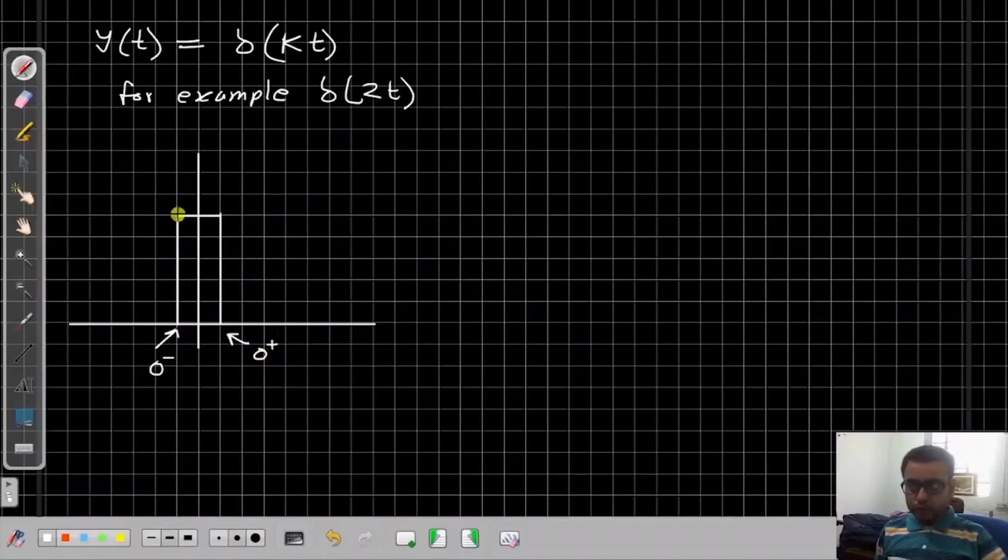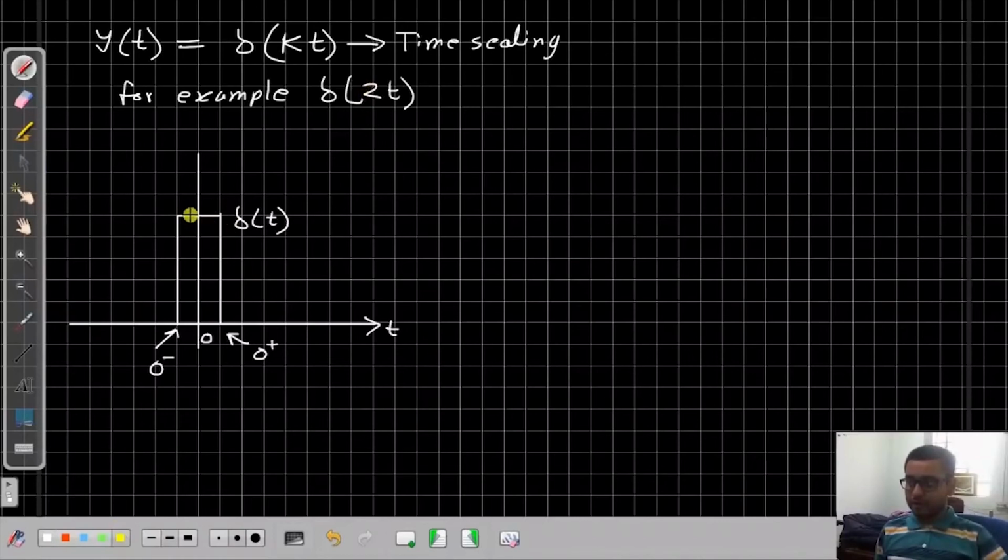So I am zooming in near the time t equal to 0. This is delta t, and now if I draw delta kt, this is time scaling of delta t. For example, if k is equal to 2, then this signal will be compressed or squeezed along the time axis by a factor of half.